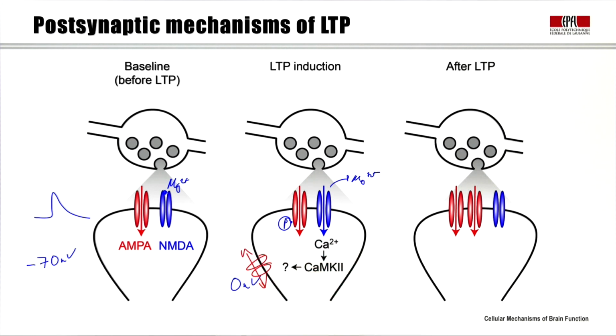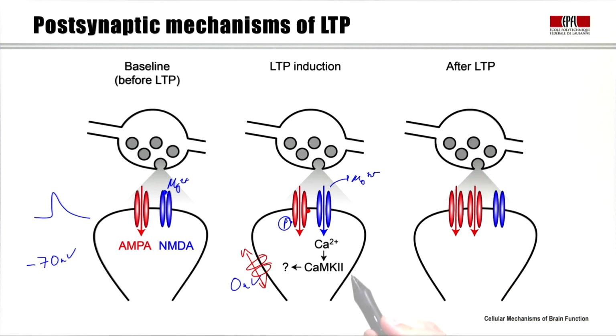They diffuse in the two-dimensional plane of the plasma membrane. And one of the things that seems to happen during long-term potentiation is the ability of the postsynaptic density to bind AMPA receptors and hold them tightly locked in place here at the postsynaptic density.